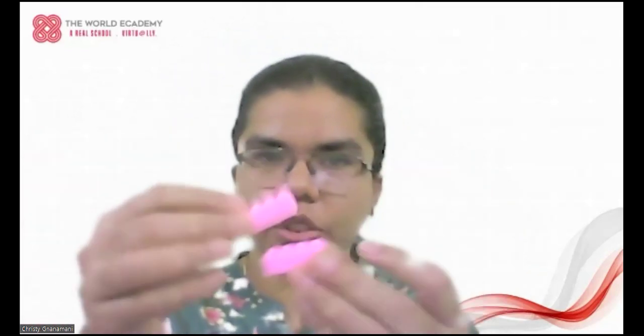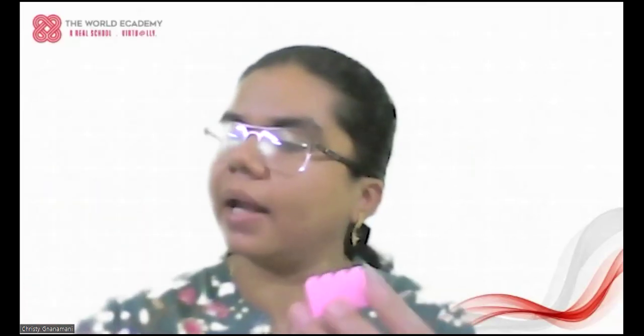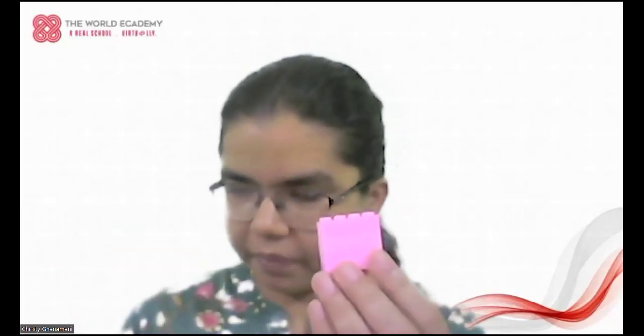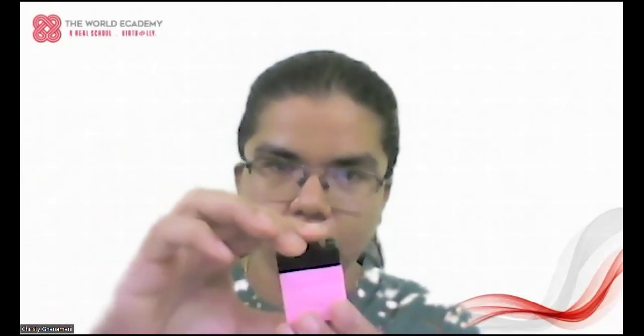So what do you do here? I've taken 3 pieces. I'm joining these two, and then I'm taking another piece. So now I've joined 3 pieces together, and then I'm adding a black piece to the block.